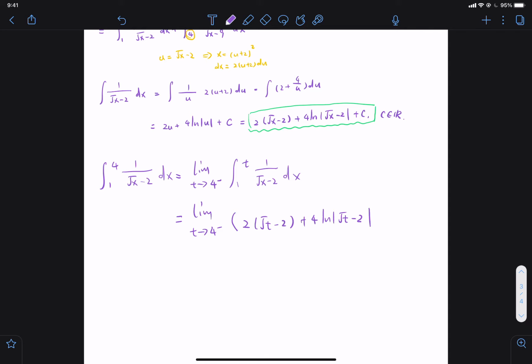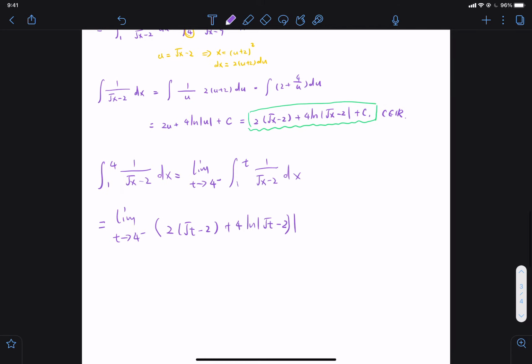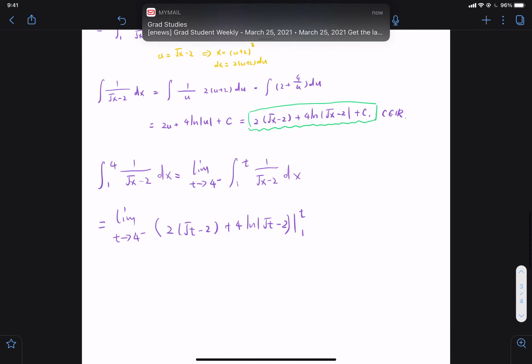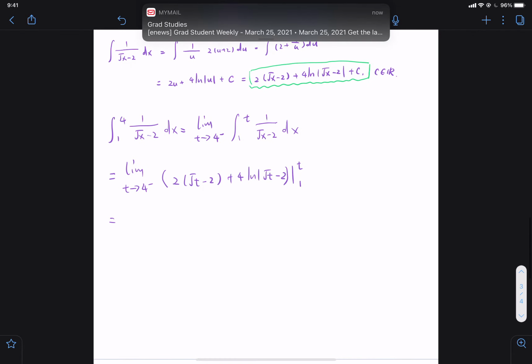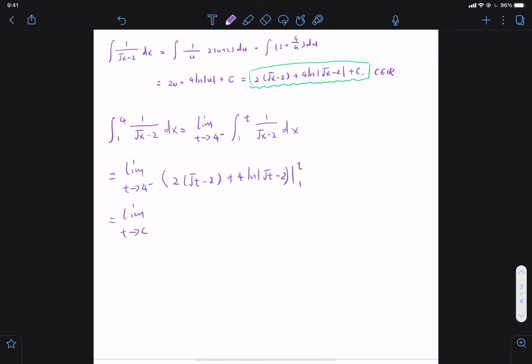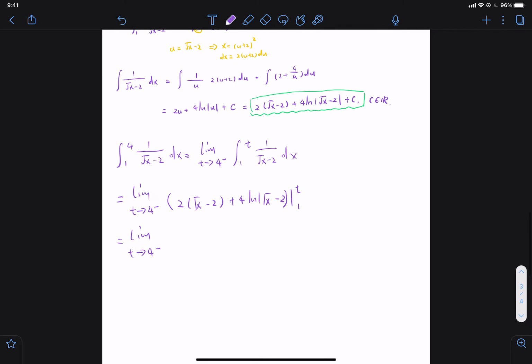So let me write that here, right? This one here, with the upper bound t and the lower bound 1. And we kind of plug in after that. Oh sorry, this should be x, this should be x minus 2. Okay, and then we now plug in.